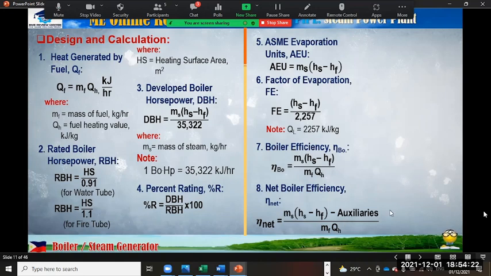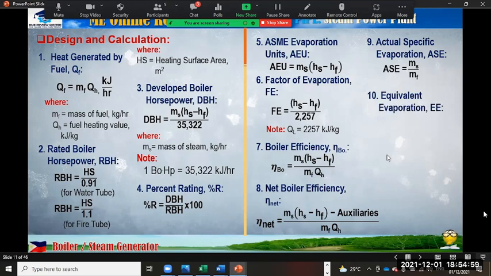Okay? Just like that. You might be wondering as to what those auxiliaries are. An example of this one is the economizer. Okay? So, the economizer can be considered as an auxiliary. The heat is coming from here. Okay? And then we do have also the actual specific evaporation or ASE. This one is basically the ratio of the mass of the steam to that of the mass of the fuel.